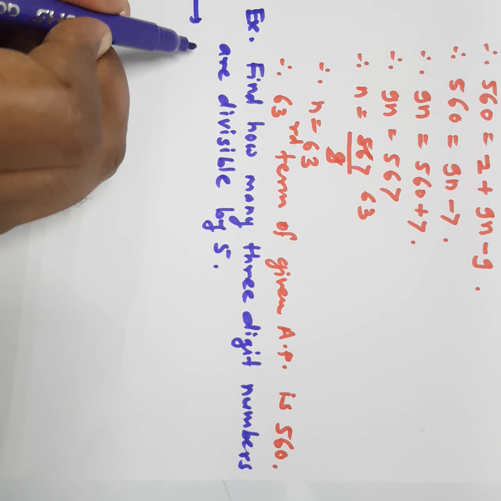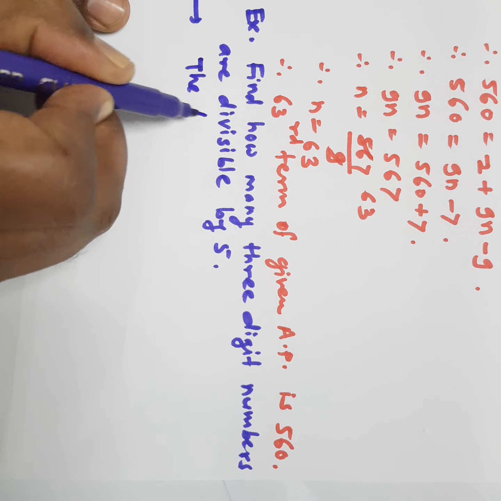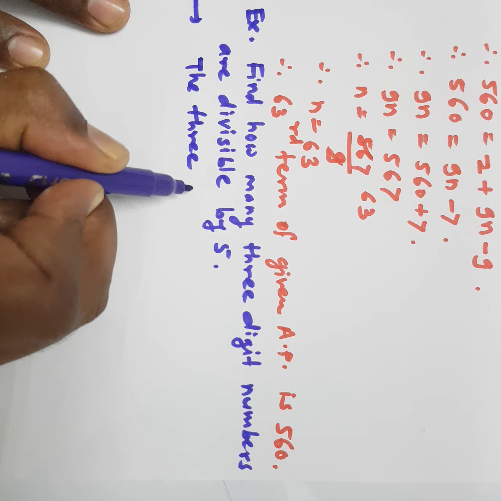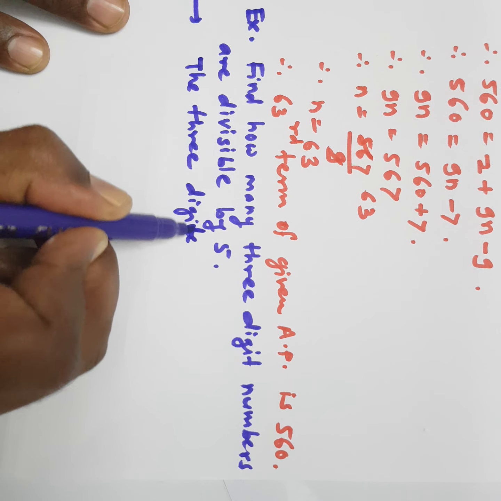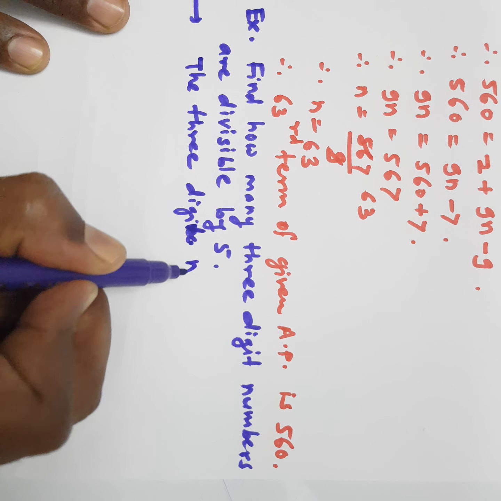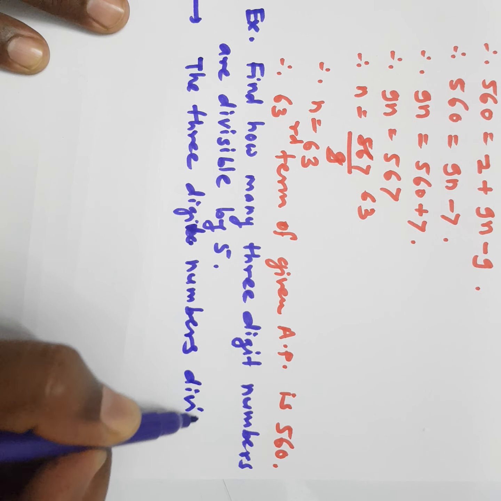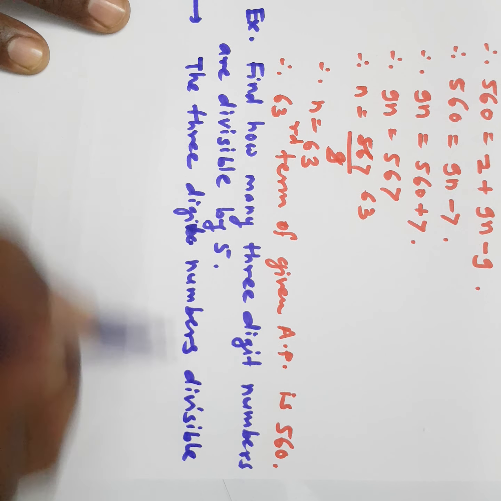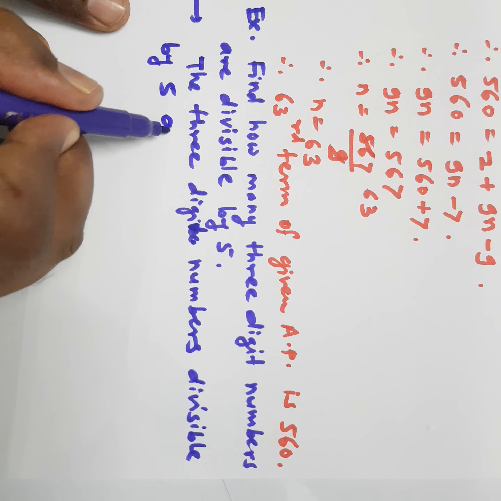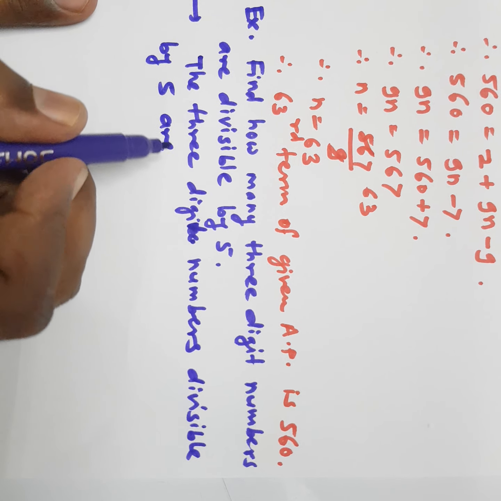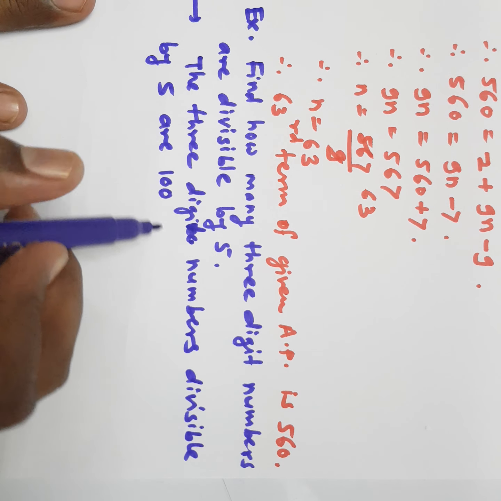Here, the 3-digit numbers divisible by 5 are, which will be the first number? It will be 100, divisible by 5.